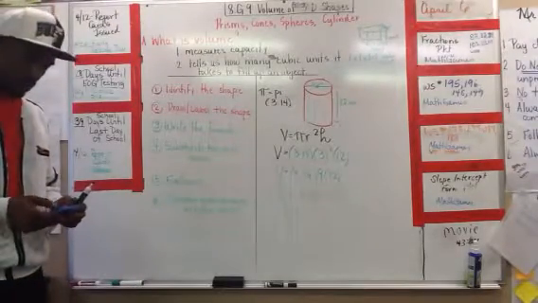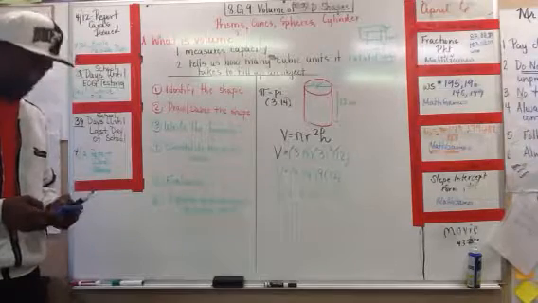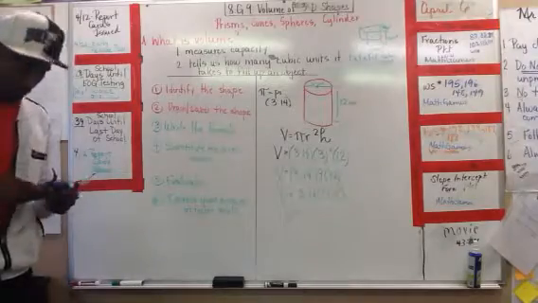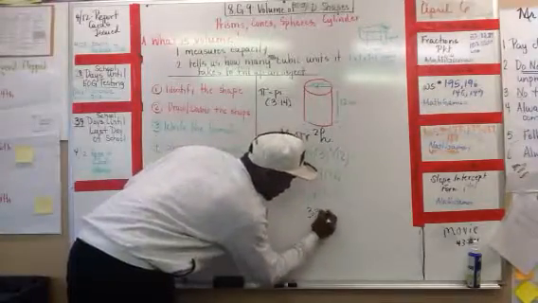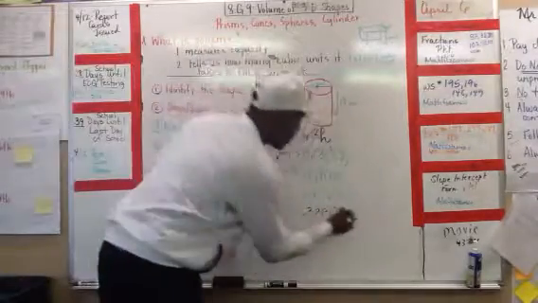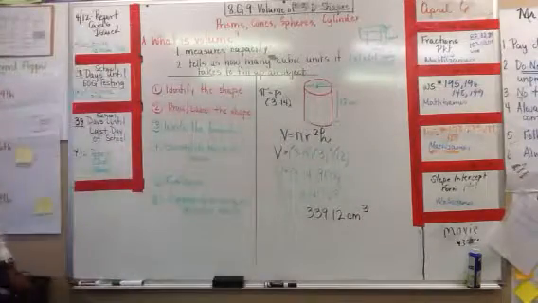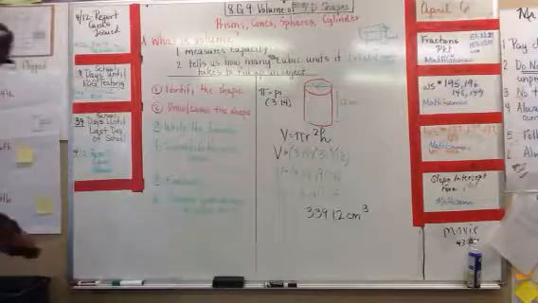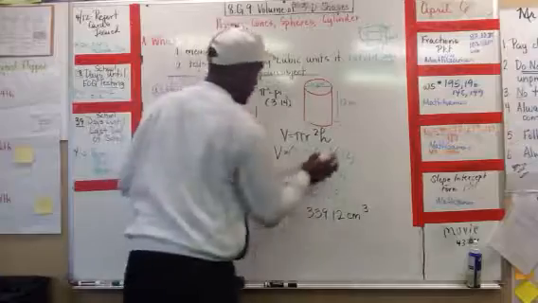I get 339.12. But remember, I have to express it in cubic units. I'm measuring in centimeters cubed. So as you can see, volume is just like area. It's just 3 dimensions instead of 2. Okay? Next shape is a sphere.